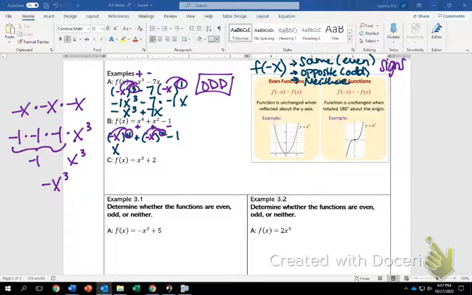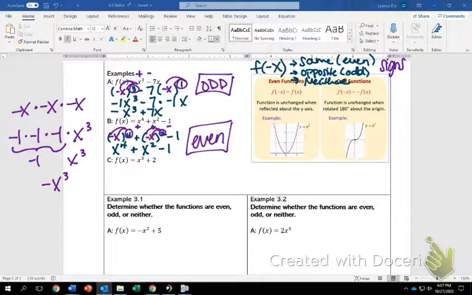So this will reduce to x to the fourth plus negative 1 squared, which is positive 1, x squared. And then anytime you have a constant, just carry it down. So this started off as positive, positive, negative, and it ended as positive, positive, negative. It ended with the same exact order of our signs. So this will be, it'll be even. It'll be an even function.